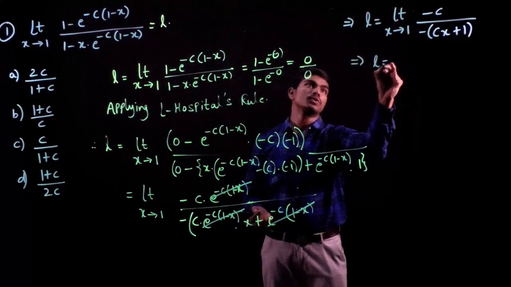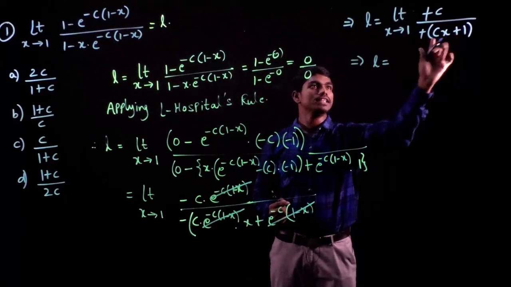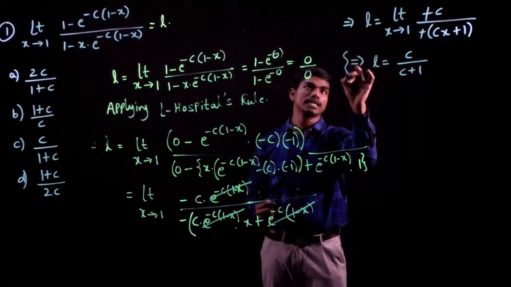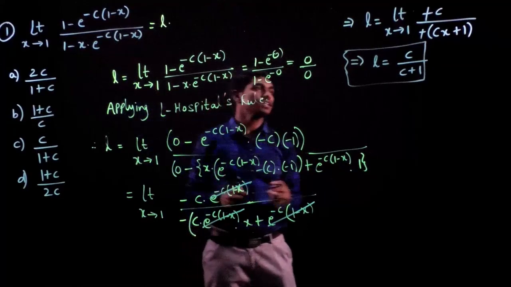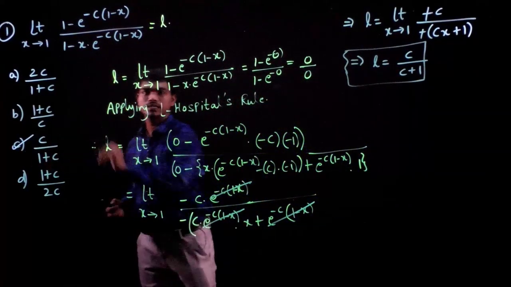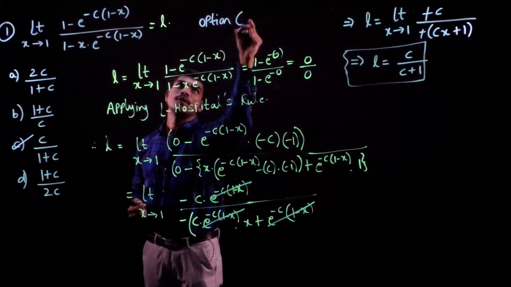The minus and minus cancel, and when you substitute x is equal to 1, you have c by c plus 1. So L is equal to c by c plus 1, which is option C here, correct? So the answer is option C.